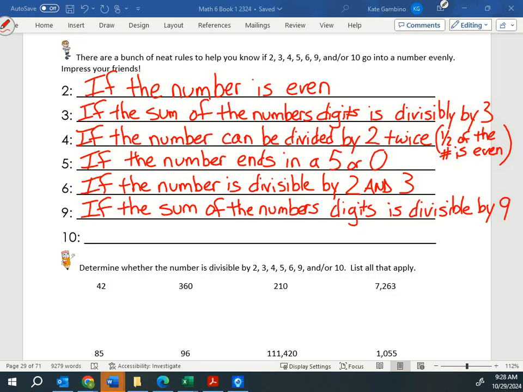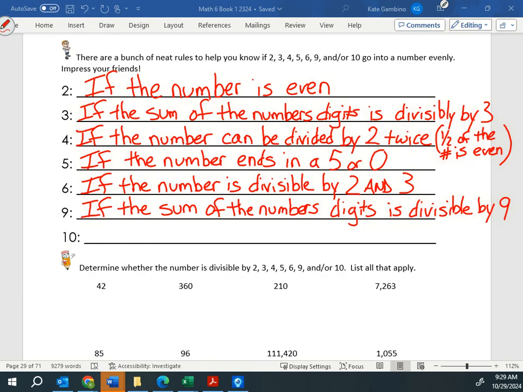Same thing for the 9. Add up all the digits and see if it's divisible by 9. So if we have 459, is that divisible by 9? 4 plus 5 is 9, 9 plus 9 is 18. 18 is divisible by 9, so it is divisible by 9. Okay, so you just have to add up all the digits and see if we can divide it by the 9.